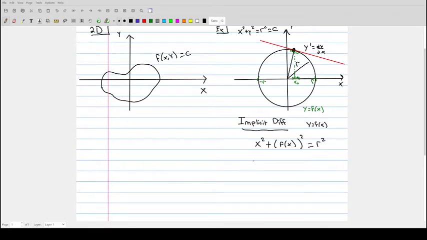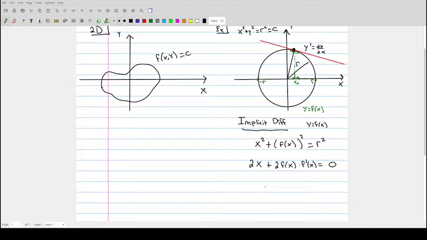And if we differentiate, this becomes 2x plus, and then we have to do the chain rule on this term right here. So it becomes 2 times f of x times f prime of x is equal to 0, because the x derivative of constant r is 0.